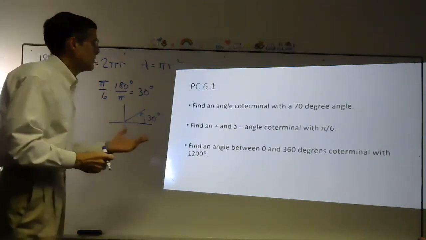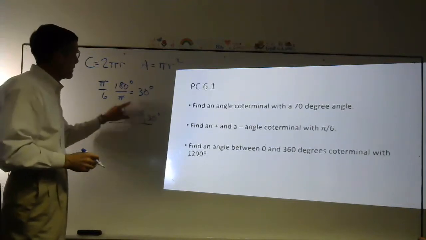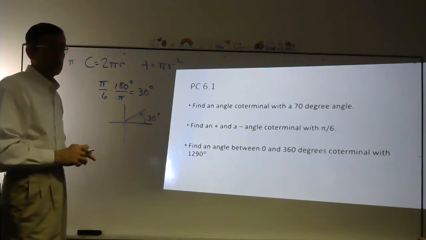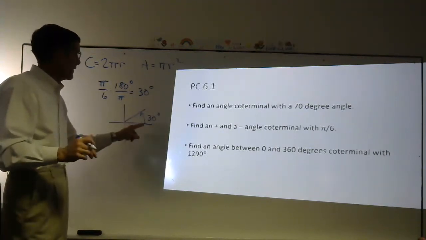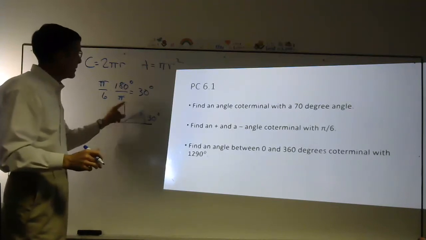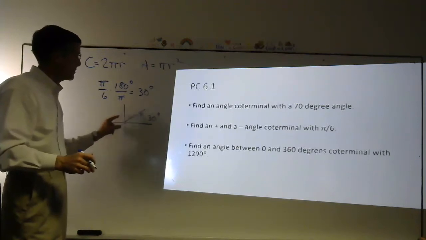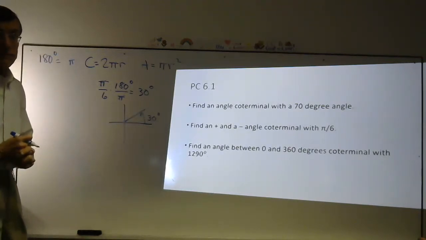So find a positive and a negative angle coterminal. Well, a positive angle, we'd have to make one whole revolution and add the 30, which would be 390. The negative angle is simply going clockwise, except for the 30, so subtract 30 off of 360, and it would be a negative 330.